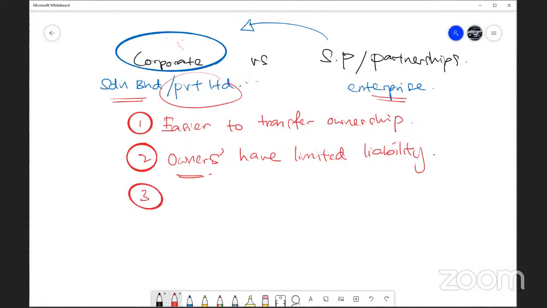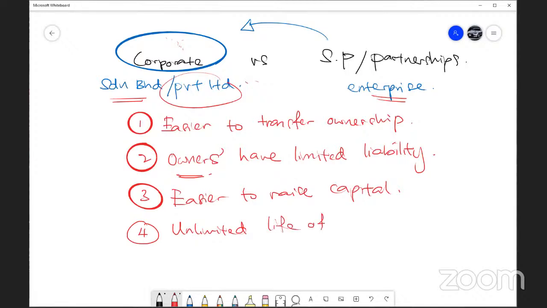Number three, being a corporate, it is easier to raise funds, easier to raise capital. Why? As a corporate, you can issue bonds and stocks. An enterprise cannot. And lastly, unlimited life of the business.